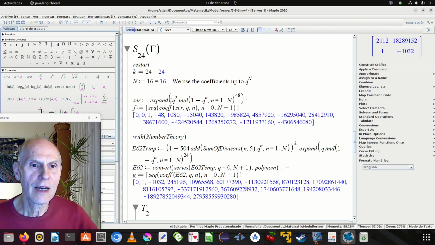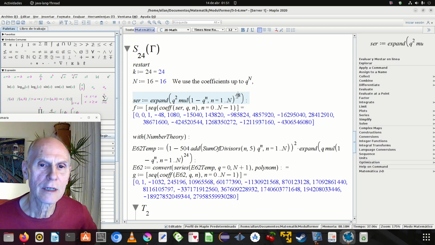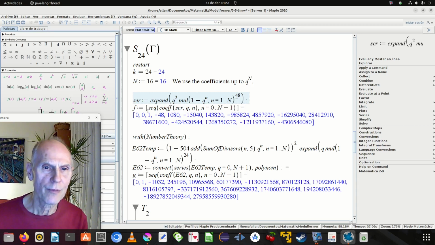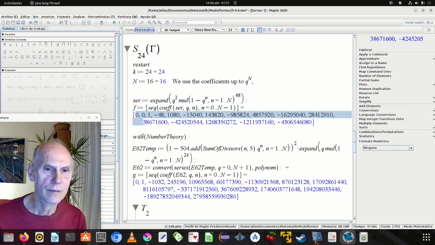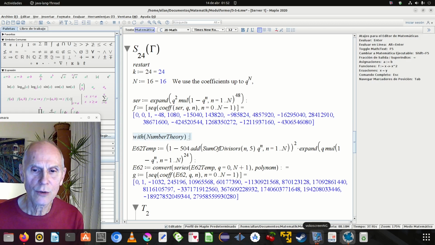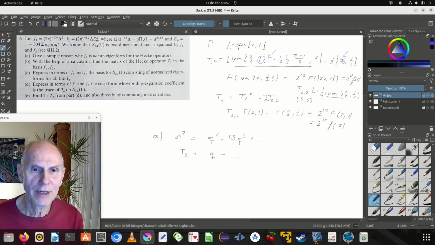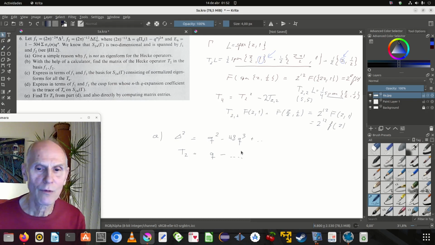And I define f as delta squared, q squared times this product to the 48th, and then take out the coefficients, and that was q squared minus 48 q to the third, which is what I claimed here, fortunately.